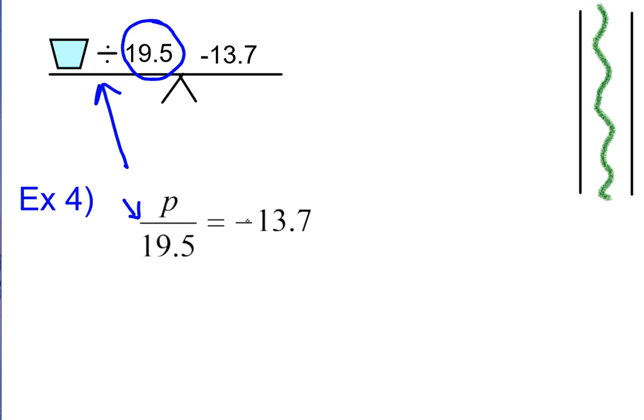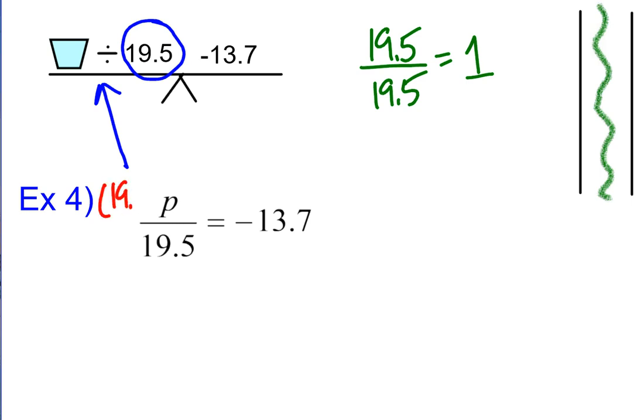The opposite of dividing. Remember, we're coming back to that idea. If I'm dividing a number by 19 and a half, I would want to multiply by 19 and a half because that's going to equal 1. And then I'm back to where I was before. So let's multiply both sides by 19 and a half. Remember, that's over 1. And this side by 19 and a half. And I'm going to bring my bar over.